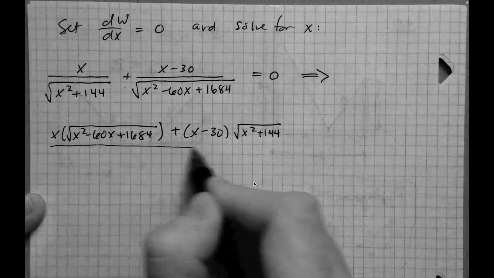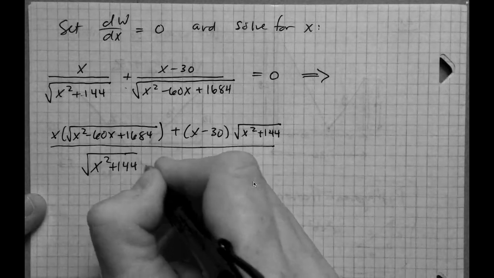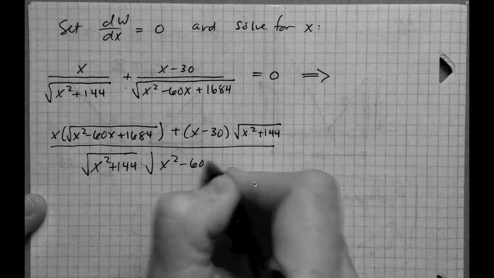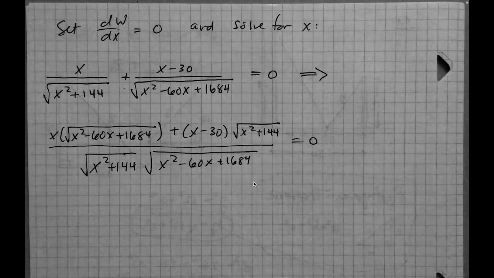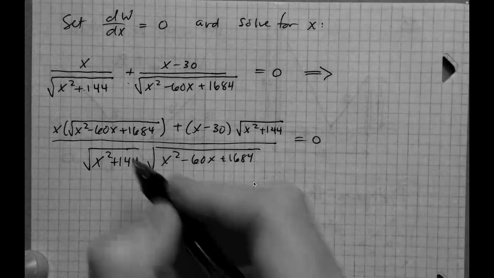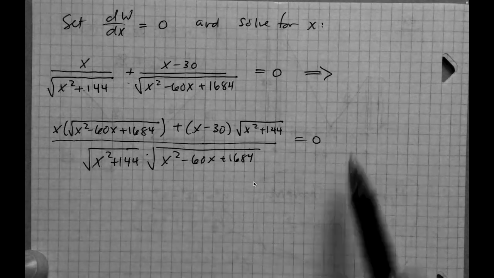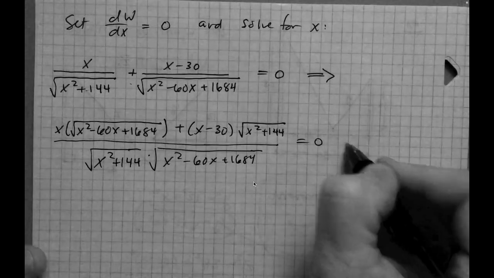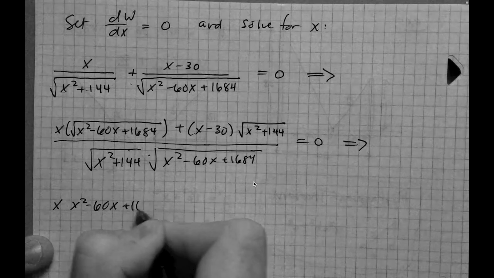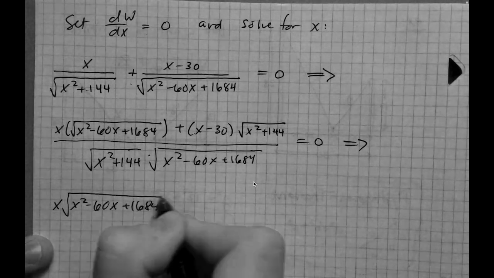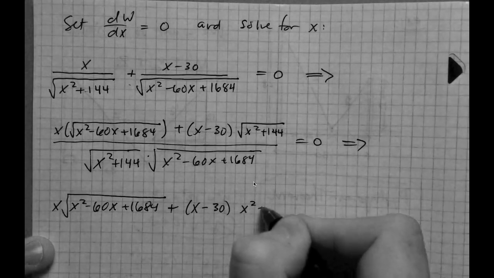And then the whole thing, of course, is over x squared minus 60x plus 1684, and that's all equal to 0. Now that looks really ghastly, but the good news is that once it's in this form, you can multiply both sides by this whole expression, and then these will cancel on this side, and of course 0 times that is 0. So the net effect here is that you just get this. Which in and of itself is not the most beautiful thing to deal with, but it's not as bad.